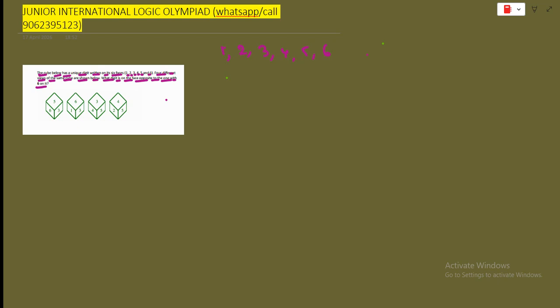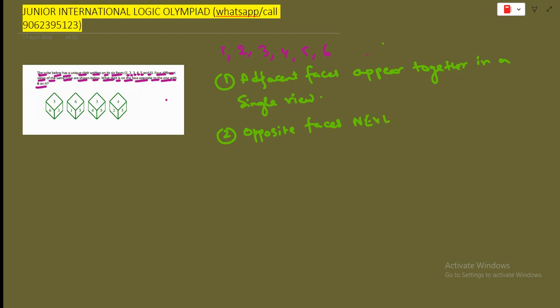Now first, important rule of a cube problem: adjacent faces appear together in a single view. And second, opposite faces never appear together.